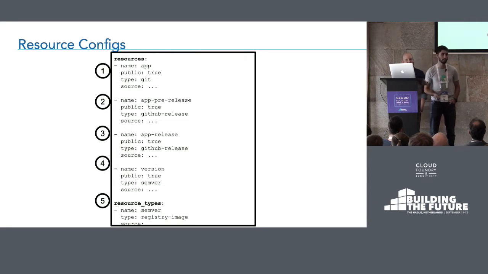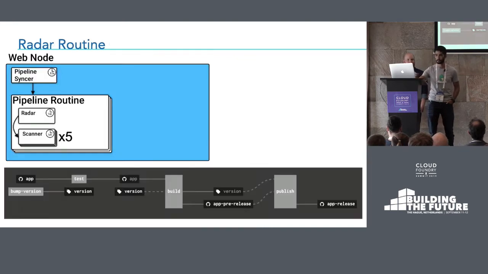So we can see here that we have 4 items under resources and a 5th item under resource types. So our pipeline has 5 resource configurations. Therefore, radar is going to start 5 scanner routines, one scanner routine for each resource configuration.